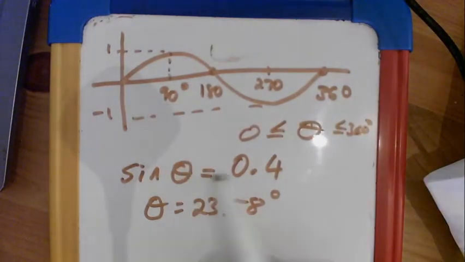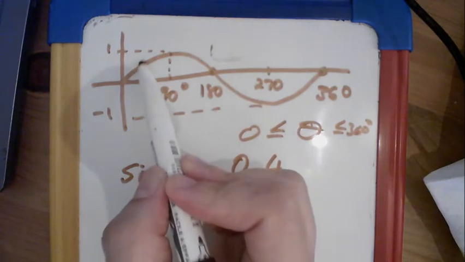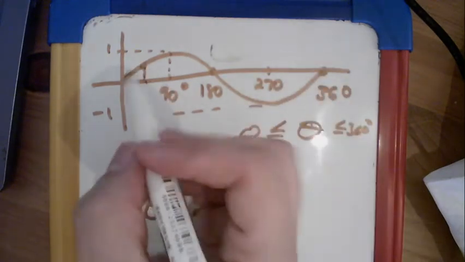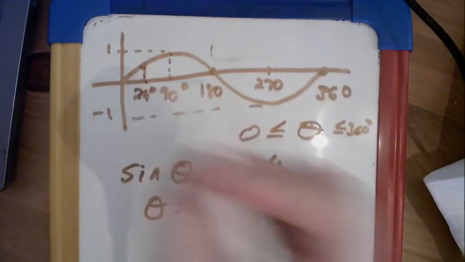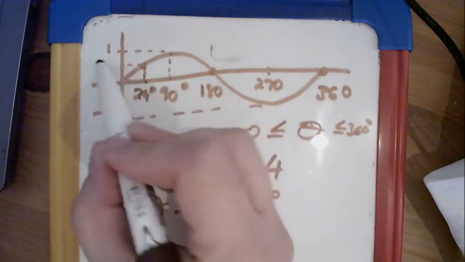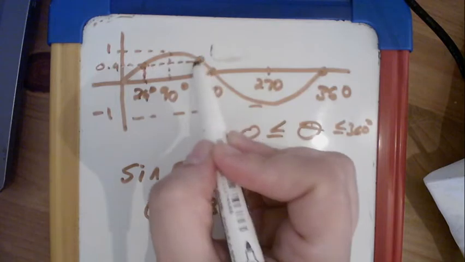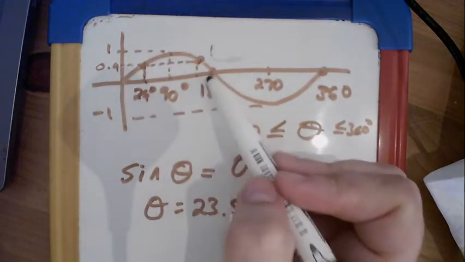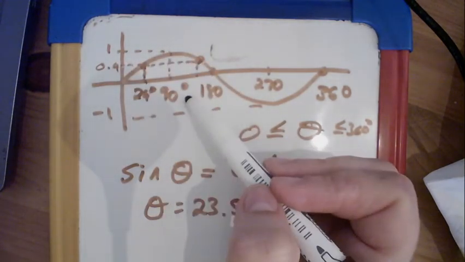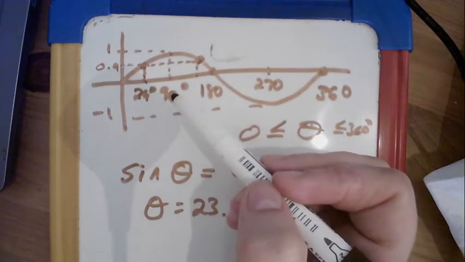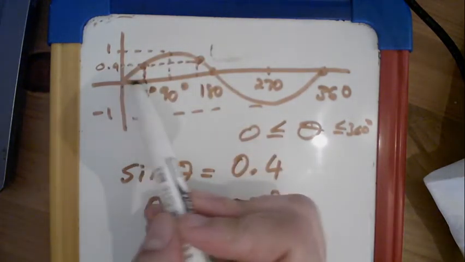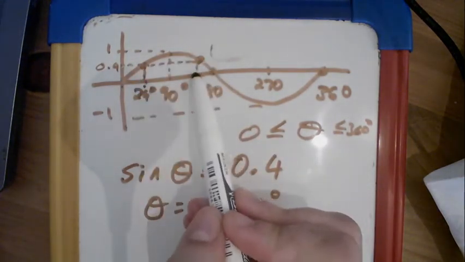Well, 0.4 is going to be here somewhere. So that would be my 23. Let's call it 24 degrees. If I follow that 0.4 along, it happens to occur here. Now this is a beautifully symmetrical diagram. Okay, mine isn't, but that's the idea. So the gap between here and here and the gap between here and here are the same.